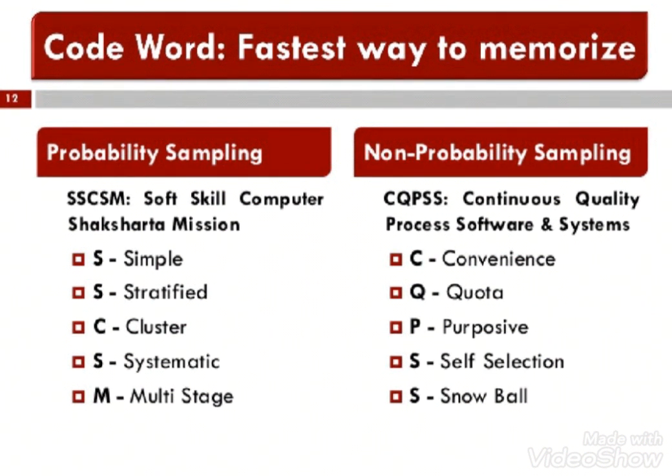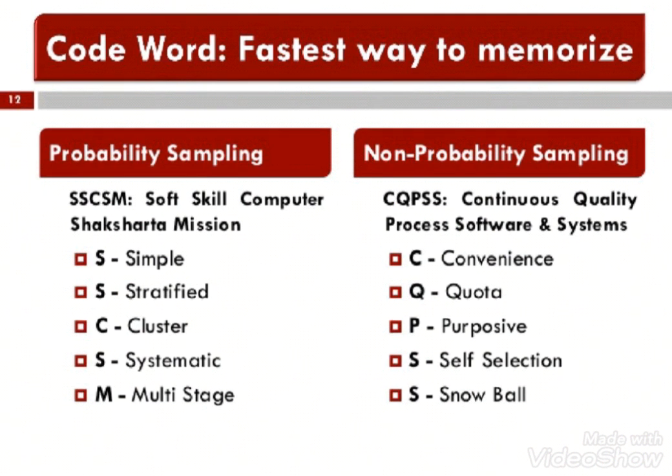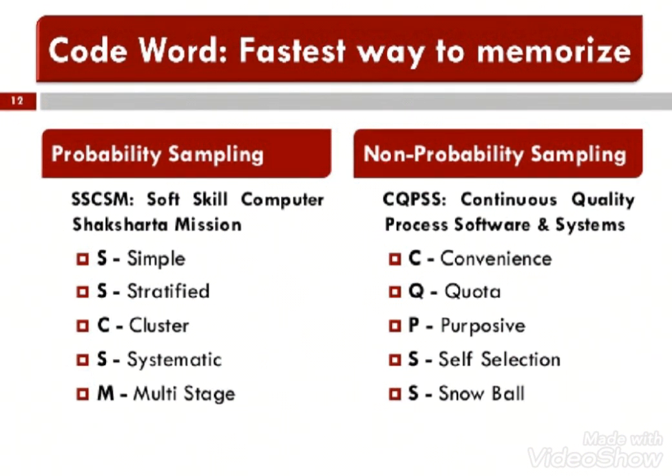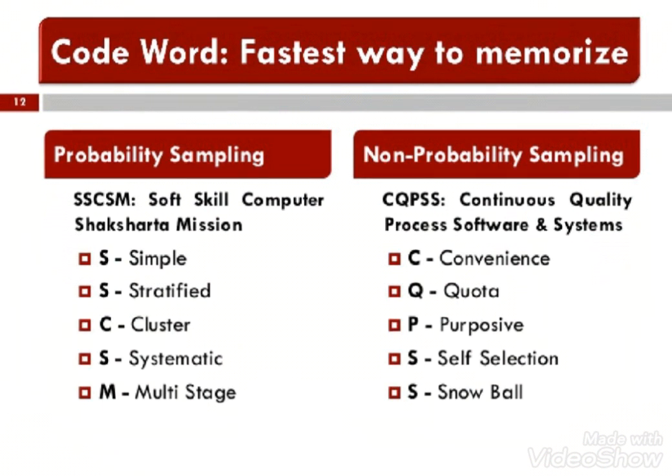Similarly for non-probability sampling, it is CQPSS, where C is convenience, Q is quota, P is purposive, S is self-selection, and S is snowball. These abbreviated terms will help you learn your steps properly.